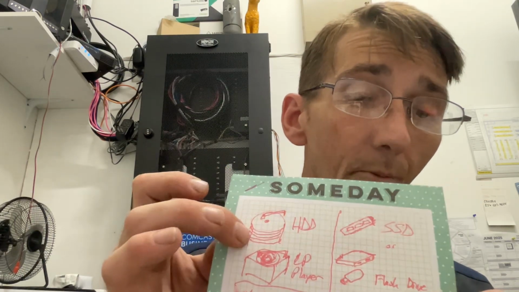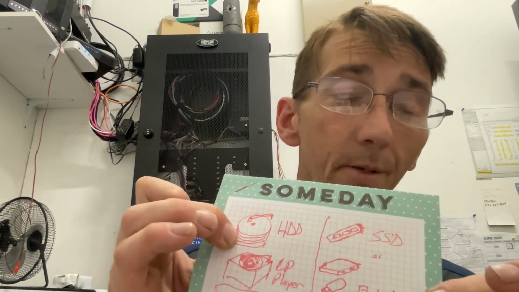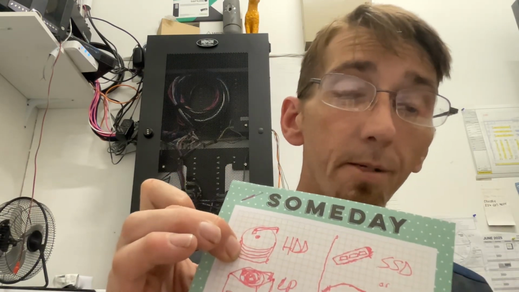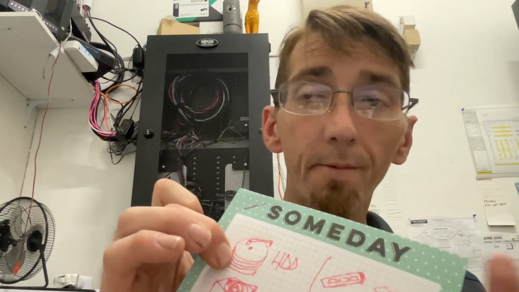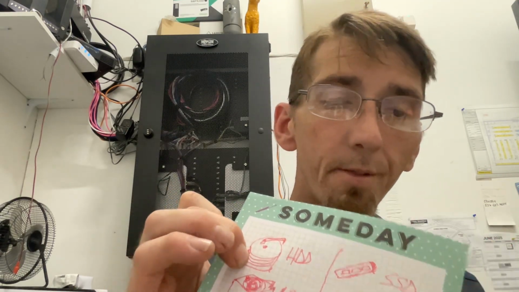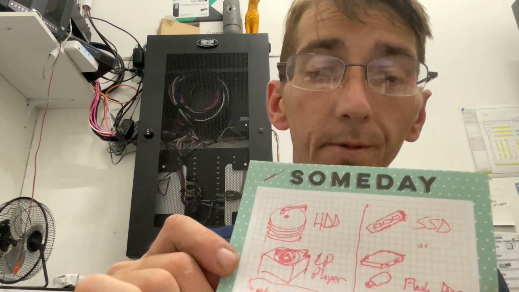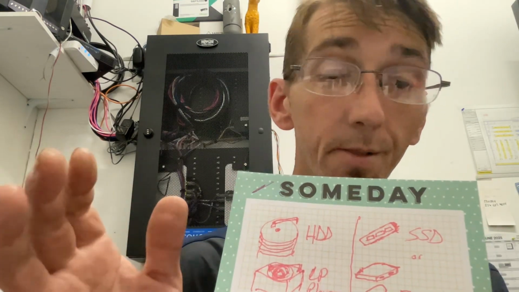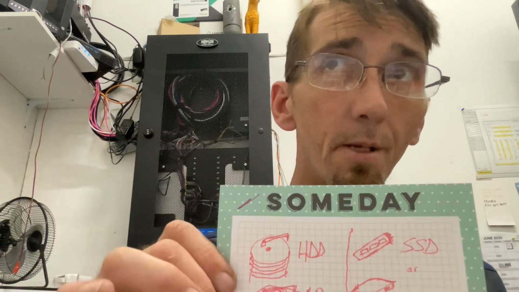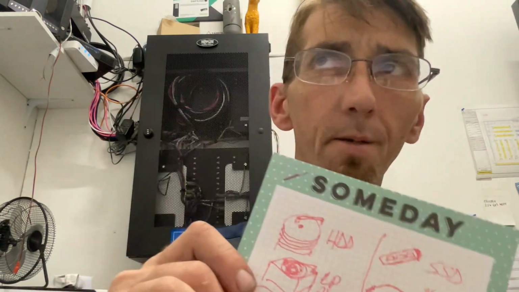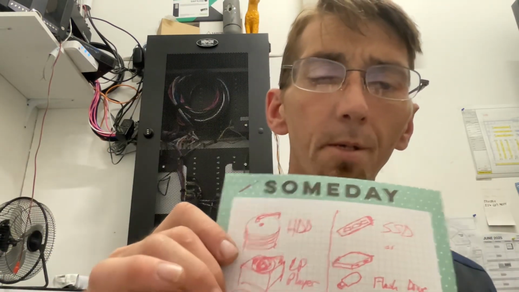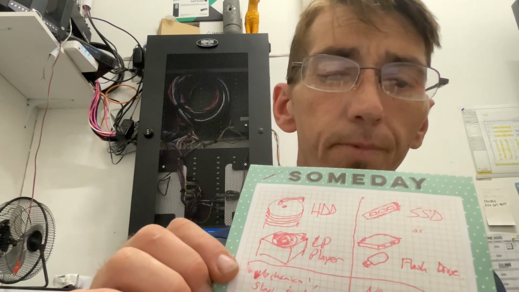Not the very old ones, but we won't get into the history of IDE cables and master-slave configurations and things like that we no longer have to worry about. Now, SATA is pretty fast.